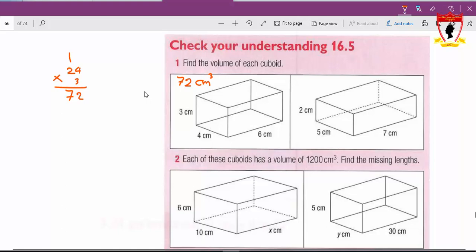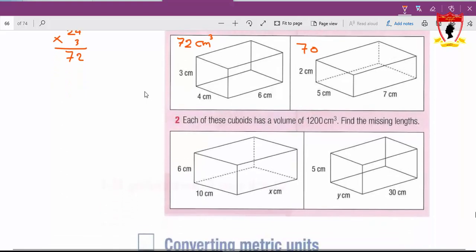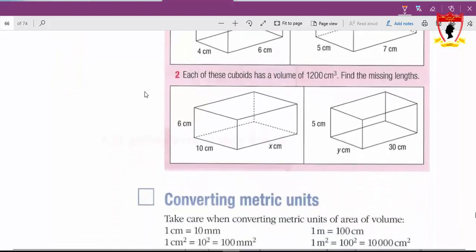Here, we can multiply these two numbers, then multiply it by the third number. It's also fine for cuboids. 2 times 5 is 10. 10 times 7 is 70 centimeter cube. Then the question says the volume is 1200. Then we must get this missing side.